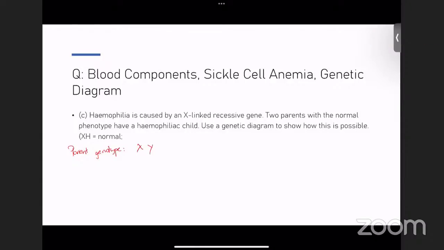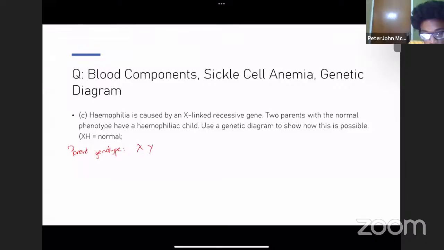Sir, XY would have been his genotype. His phenotype is male. XY is his genotype. So tell me, to have a normal, non-hemophilia male, what does his genotype have to be? What does it have to be?